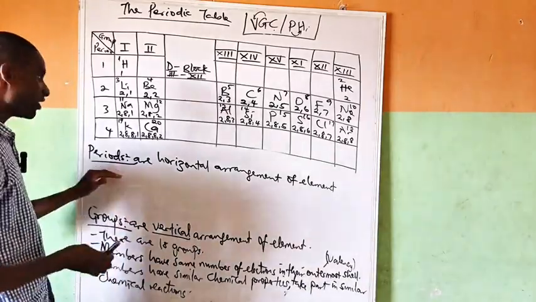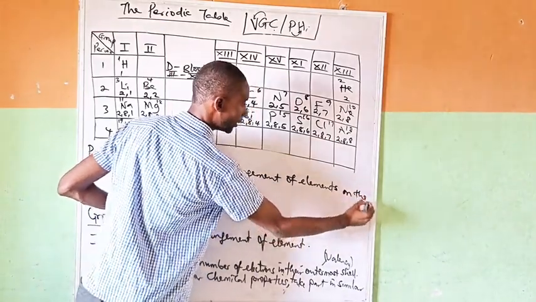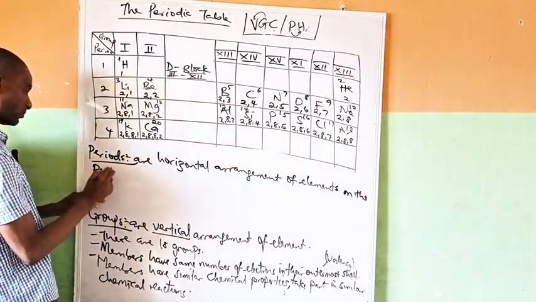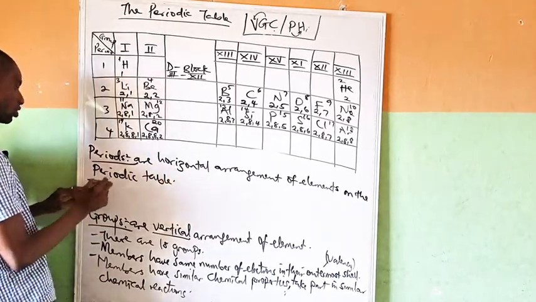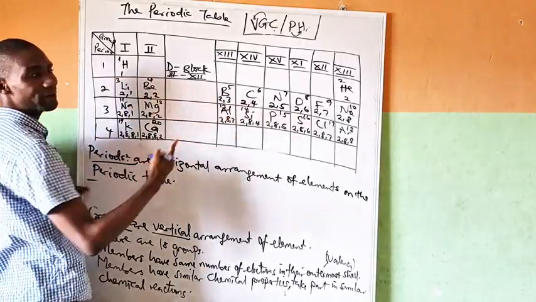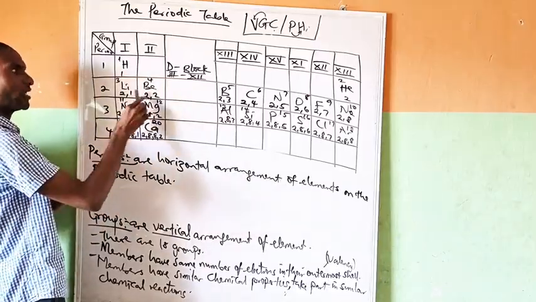Periods are horizontal arrangements of elements on the periodic table. These elements on the horizontal arrangement, what do they have in common? They actually have something in common.